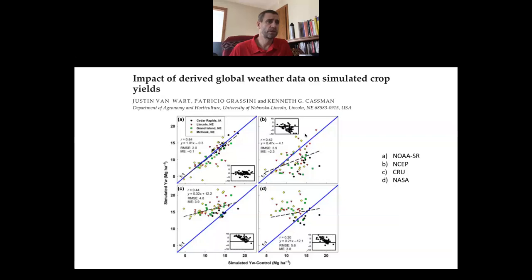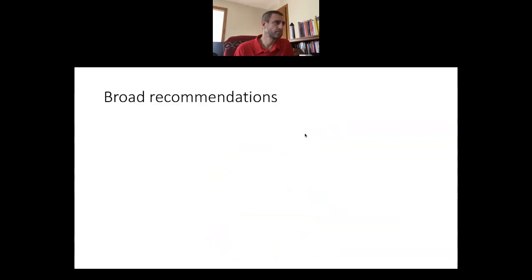And what they're basically detecting in panels B, C, and D is the amount of bias that you can have in your simulations when using some of these gridded products for specific point simulation.